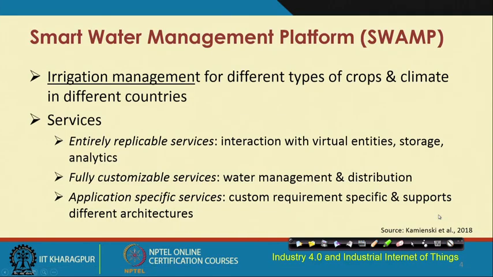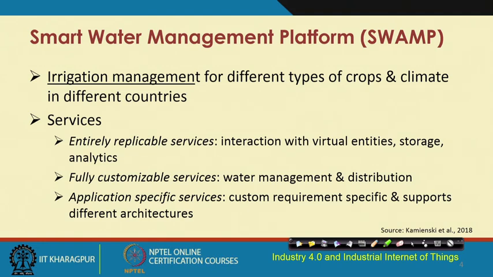Next comes another work, again in the domain of agriculture. SWAMP is a smart water management platform. Here the authors talk about irrigation management based on different types of crops, climatic conditions, regional variations and so on, with the help of sensors collecting different types of data from different locations.